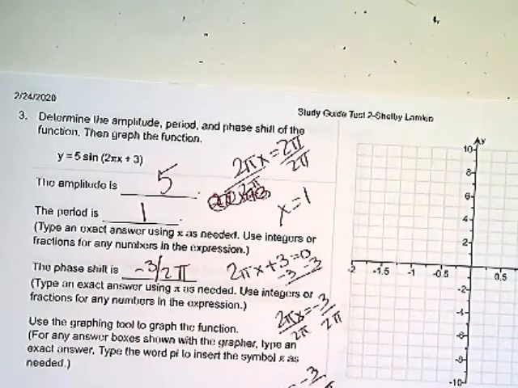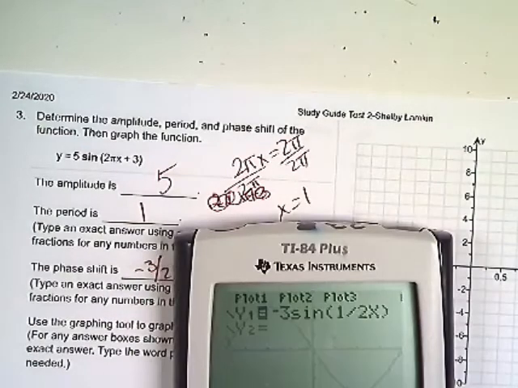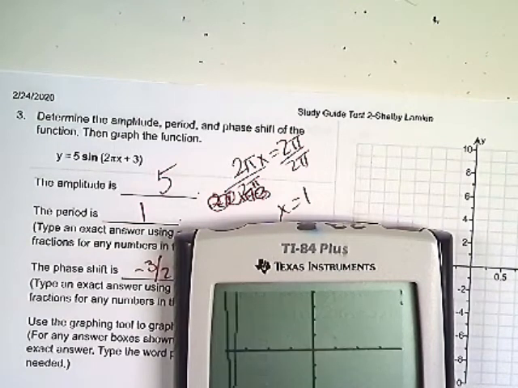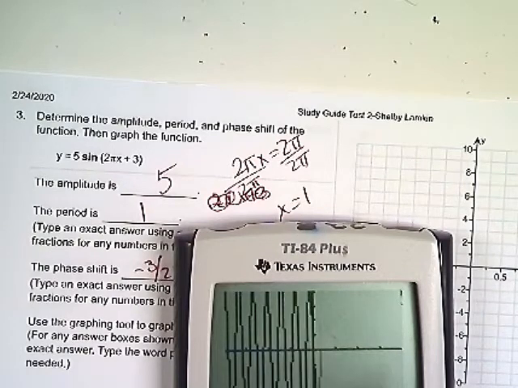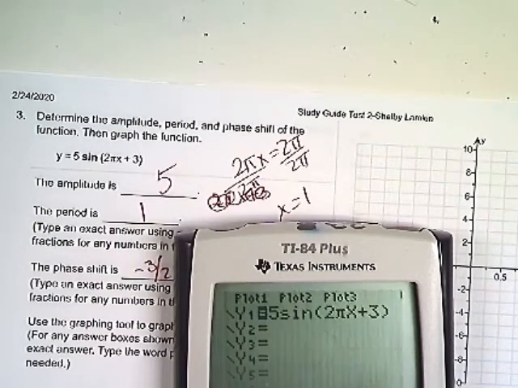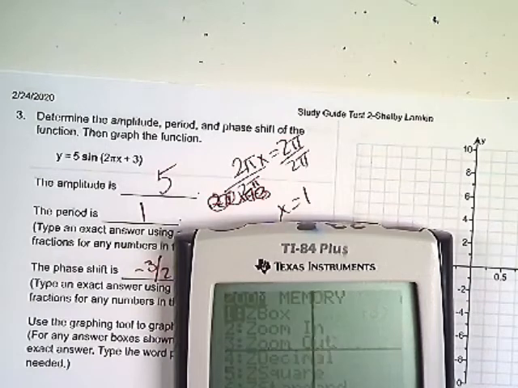Now, when you go to graph this one, I'm going to go to y equals. I'm going to type it in, 5 sine of 2 pi x plus 3. I'm going to graph it. It's busier for sure. Zoom 7.